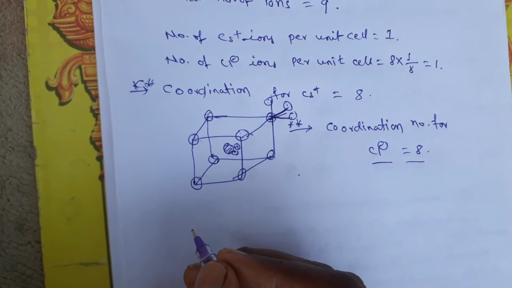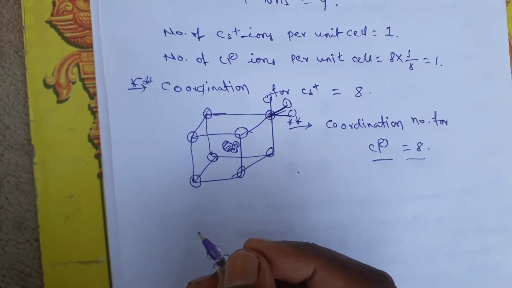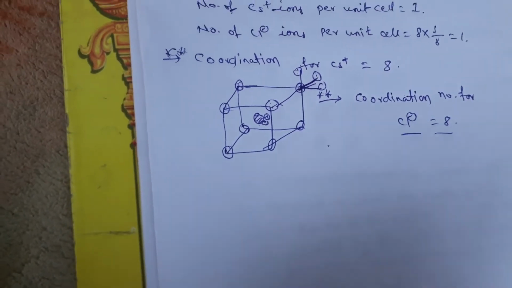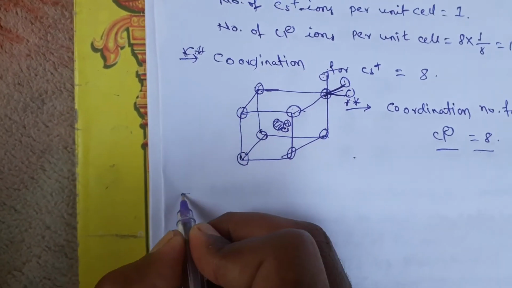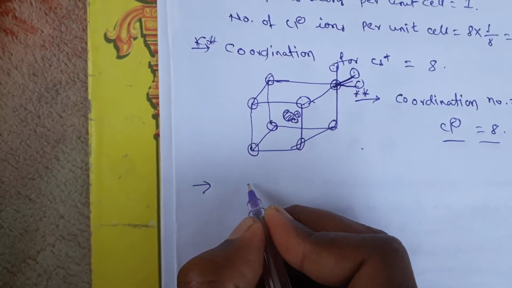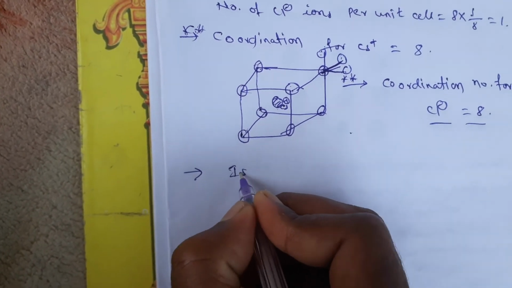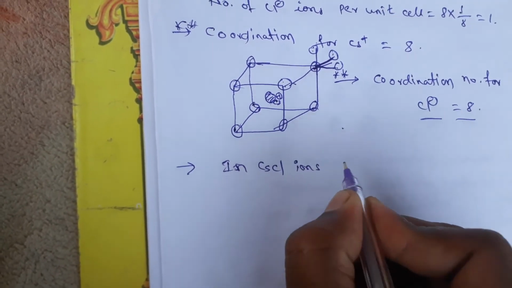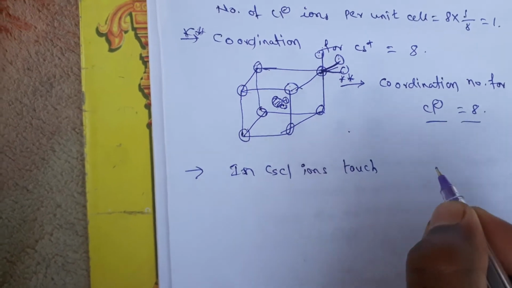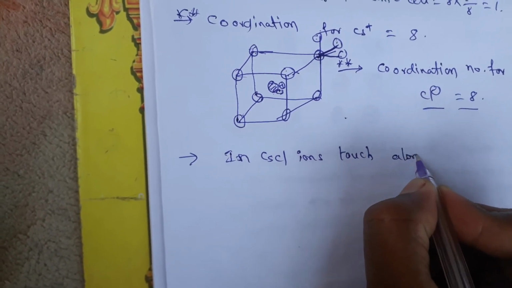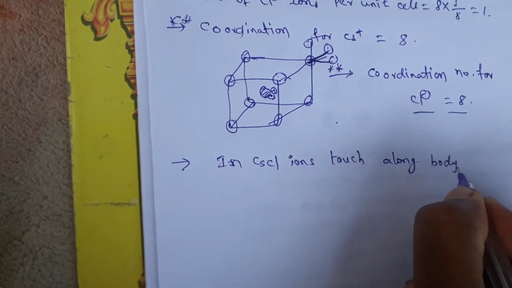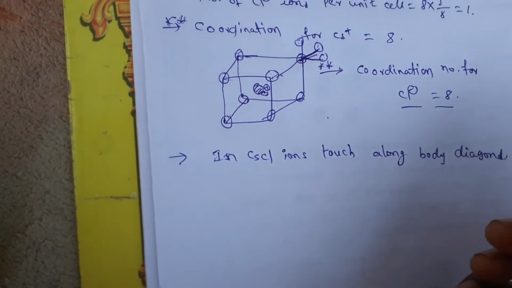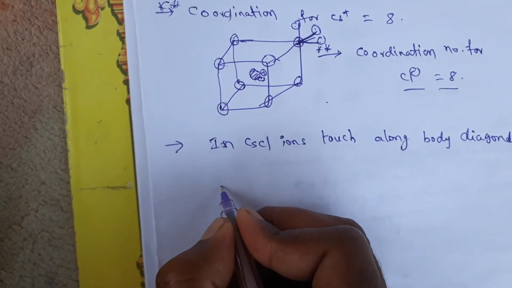Next, if you see the body diagonals, we know face diagonals and body diagonals, and in cesium chloride the ions touch along the body diagonal.